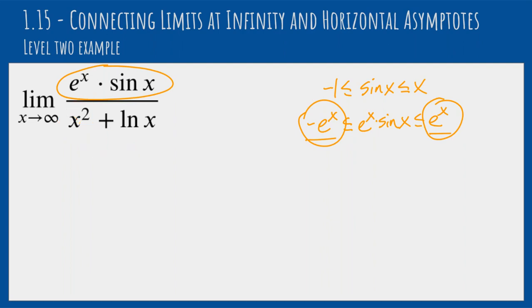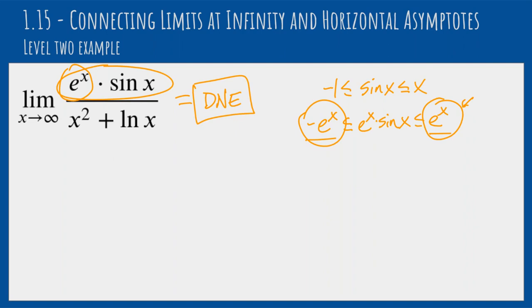So what we've got happening here though is the top is going to be dominated by that e to the x. So it's e to the x times sine of x, but we're going to be getting values that are getting as big as e to the x, depending on the x values. So because that e to the x is dominating the top and the x squared is dominating the bottom, the e to the x is going to have a greater impact, and this limit is not going to exist.